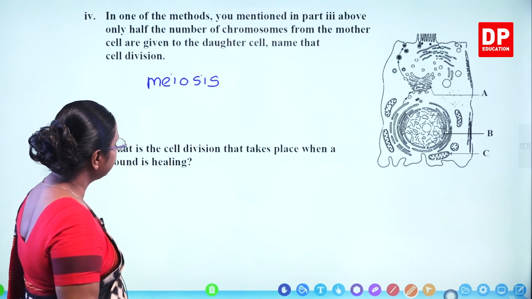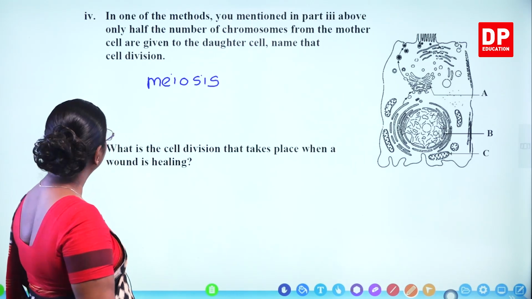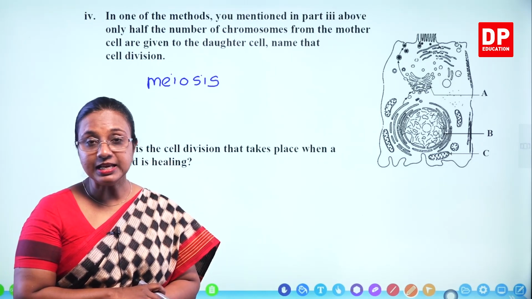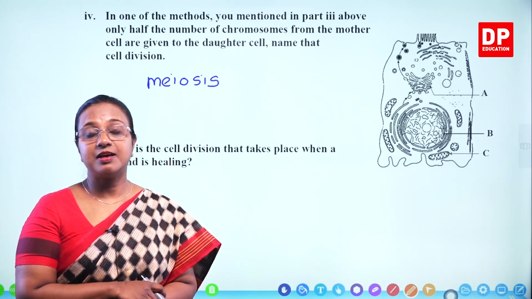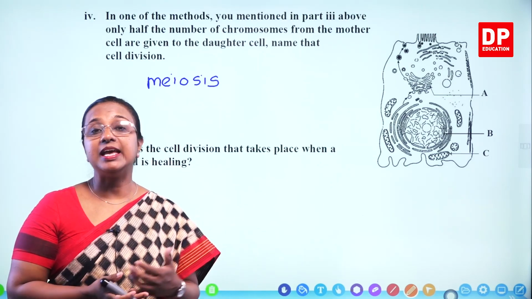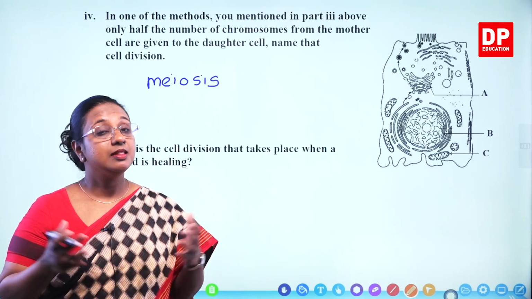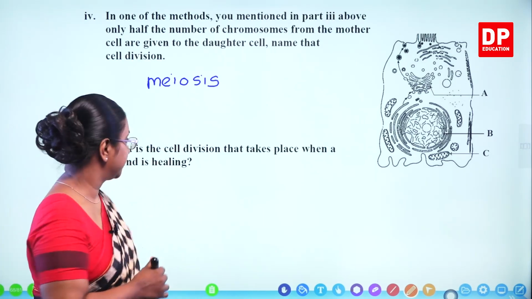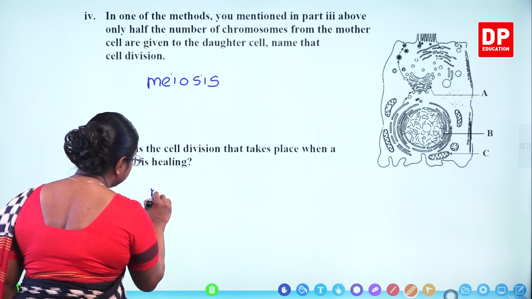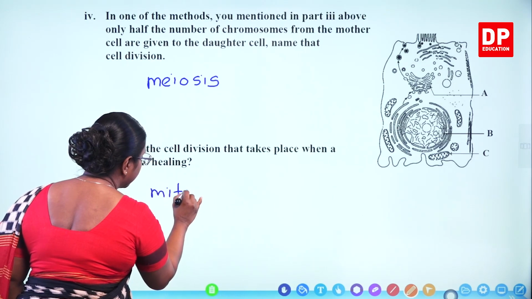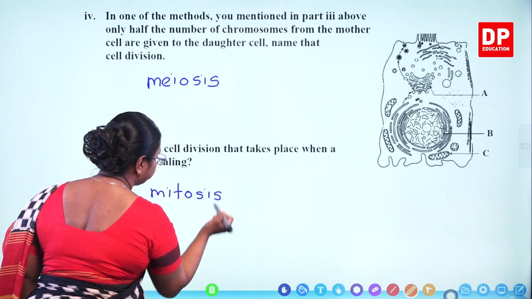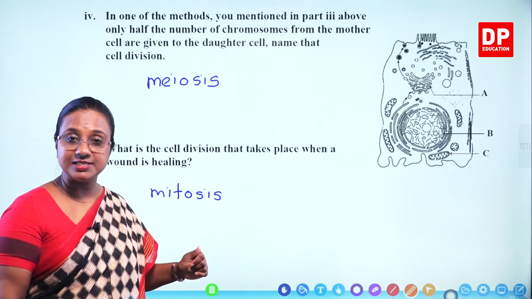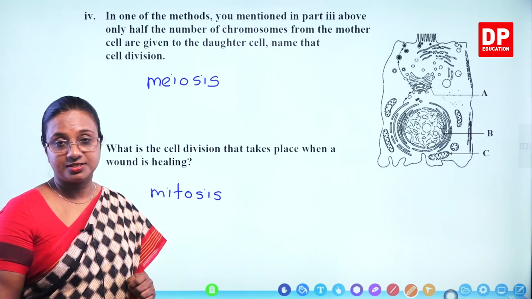What is the cell division that takes place when a wound is healing? When a wound is healing, identical cells have to be produced from the existing cells. Then the cell division has to be mitosis. So here this has to be mitosis.